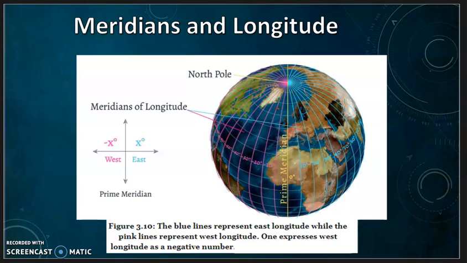In 1884, the International Meridian Conference defined the international standard using the British prime meridian. The prime meridian is 0 degrees longitude, defined by the north-south axis of a telescope at the Royal Observatory in Greenwich, England. Longitude is measured east-west along the equator, starting at the prime meridian until it reaches 180 degrees in both directions.